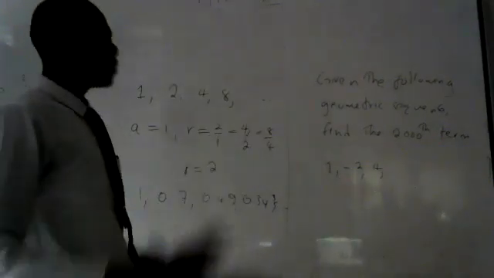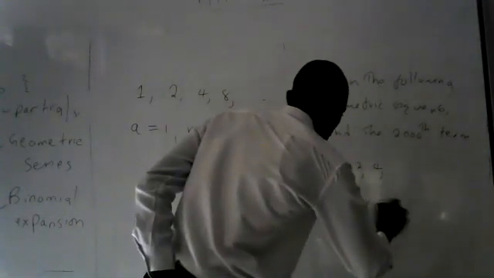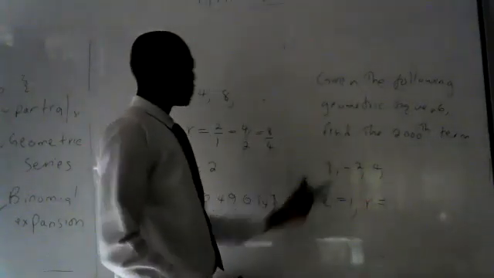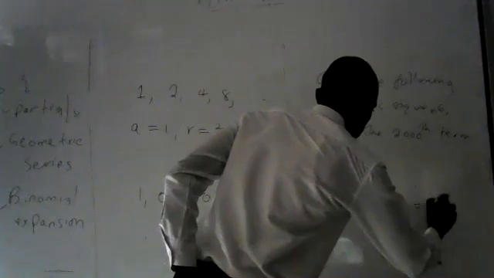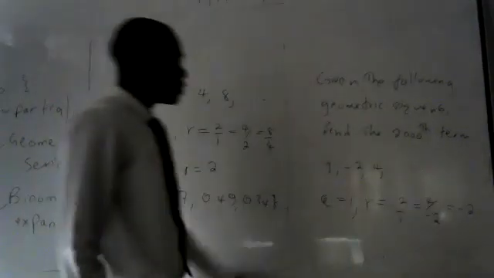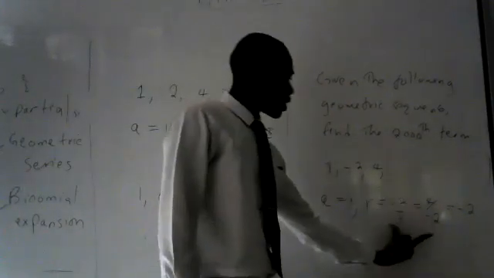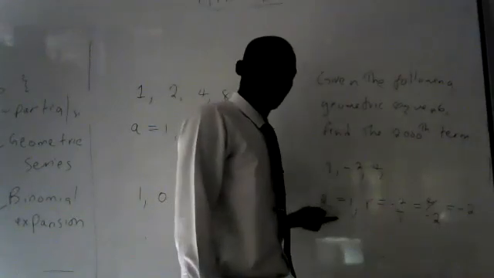So just identify what you need. So you need A, of course, A is 1. That's the first term. R is going to be the ratio of any of the two terms. So I could take -2 divided by 1. I could also take 4 divided by -2. If you confirm, you'll agree with me that either of these will give me -2. So the common ratio is -2. The first term is 1.